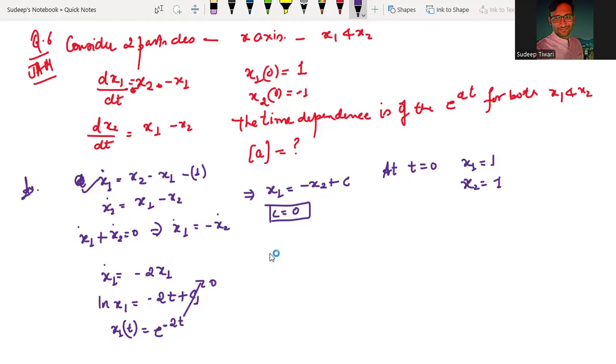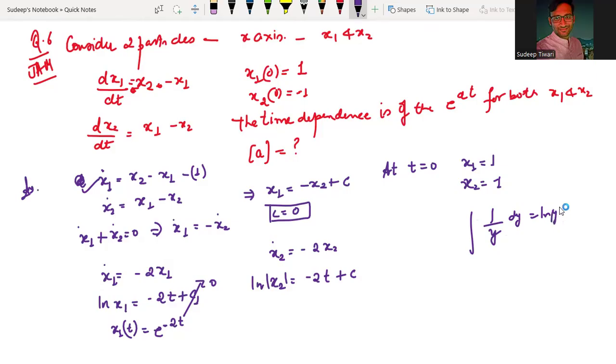Similarly, if you try to solve for x2, x2 dot will be equal to what? x1 is equal to minus x2, so it will be minus 2x2. If you solve this also, you integrate and get ln x2 is equal to minus 2t plus c. And remember, it is ln of modulus of x; whenever you integrate 1 upon y dy, you will get ln of modulus.